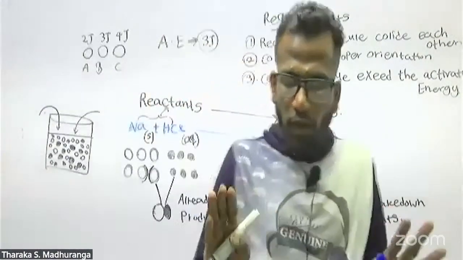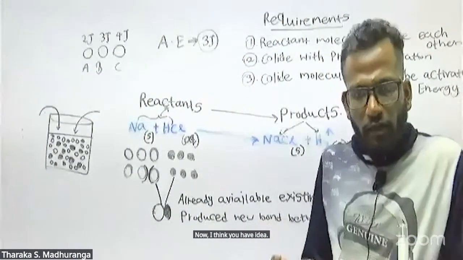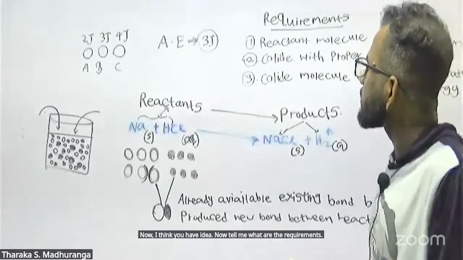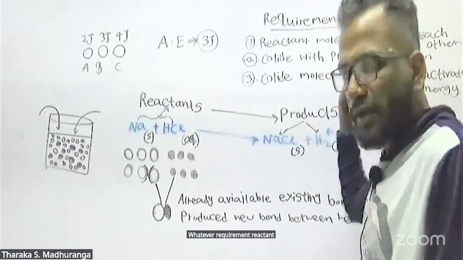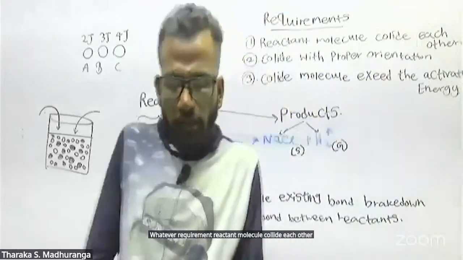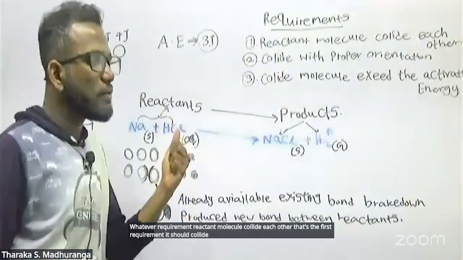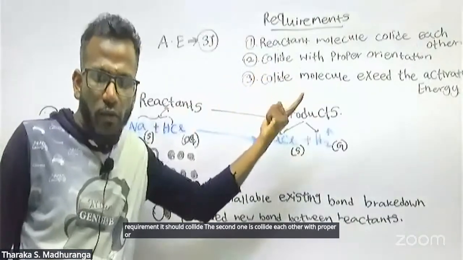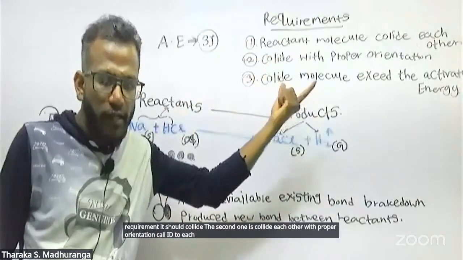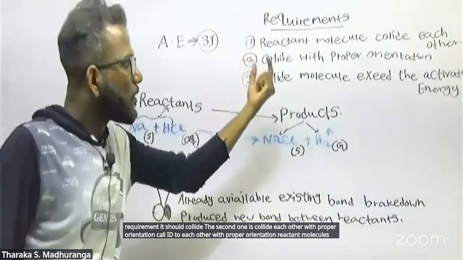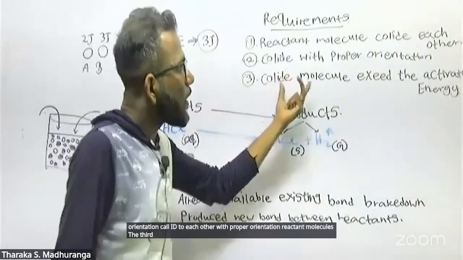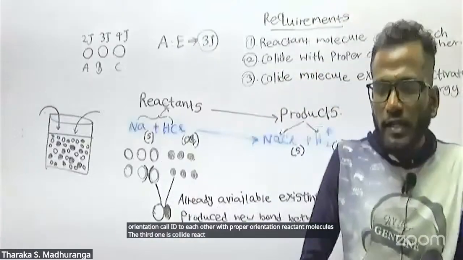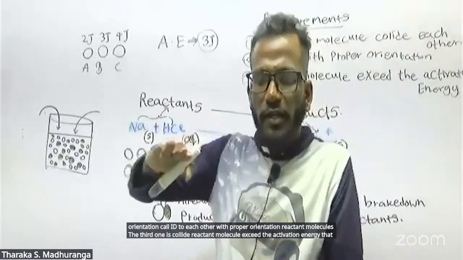Now I think you have an idea. Now tell me, what are the requirements? The first requirement: reactant molecules should collide with each other. The second one is to collide with proper orientation. The third one is that the colliding reactant molecules exceed the activation energy, that means the minimum energy of this reaction.